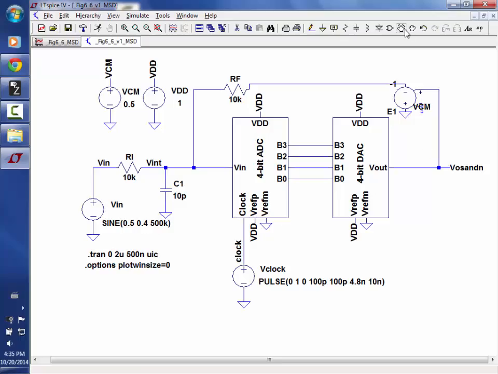So if I have an output of 500 millivolts, VCM is 500 millivolts, what does this become? I've got to add one more thing. 0, which is wrong, right? So I've got to add one more thing here, which is, if this is 500, this is 500, the difference is 0, then VCM goes out.